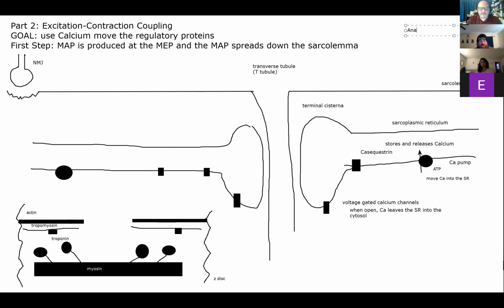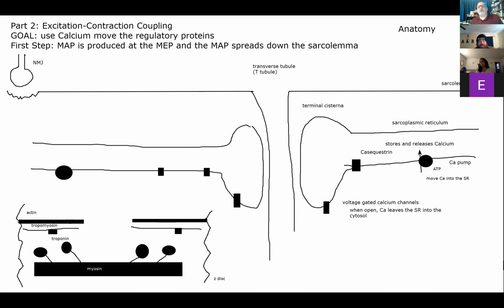So with that, we now have the anatomy that is going to help us to understand part 2, excitation contraction coupling. Questions on this? Again, as we've talked before, if this doesn't make sense, it only gets worse from here. So let's make sure we understand before we move forward.